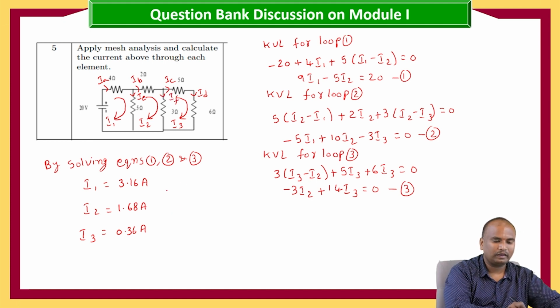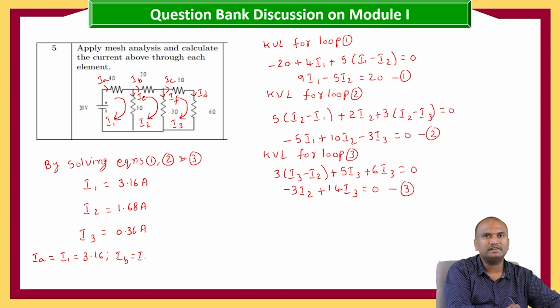Here IA is equal to the same as I1, which is equal to 3.16. IB is equal to the same as I2, because only one current is flowing in this particular branch. So that is equal to 1.68 amperes.